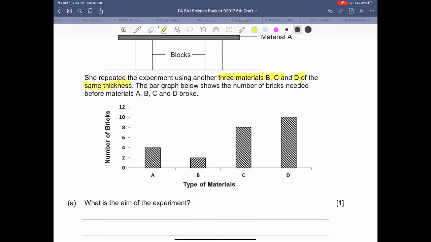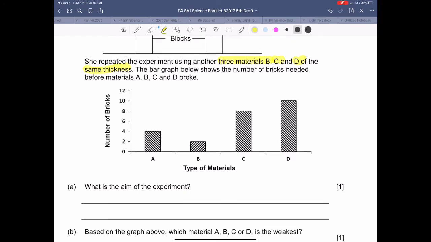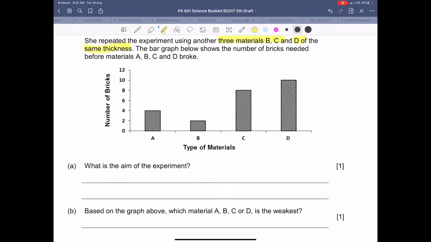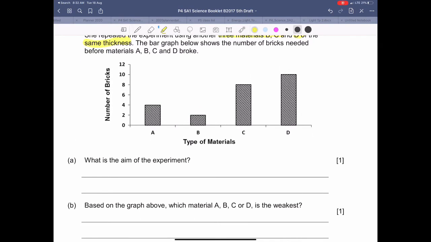Very straightforward, right? Remember, once you identify the concept, I know they're testing on strength. They're probably going to ask me which is the strongest later on. So what is the aim of the experiment? The aim is to find out which material, A, B, C, D, is the strongest, or what is the strength of the 4 materials.